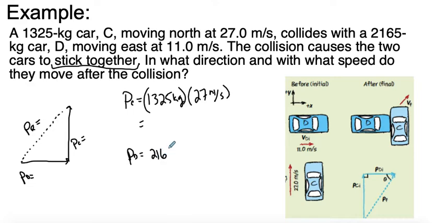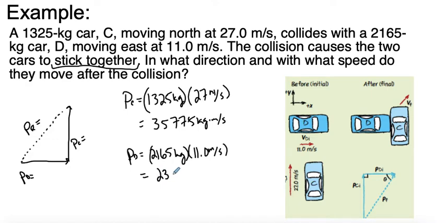It's 2,165 kilograms, and that car is moving slower, so 11.0 meters per second. So those momentums are going to be 35,775 kilograms times meters per second for car C, and car D is going to be 23,815 kilograms times meters per second.